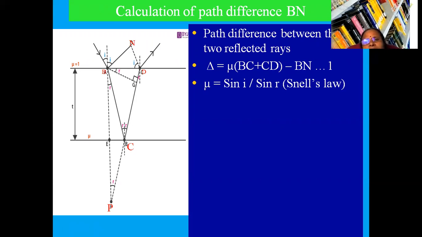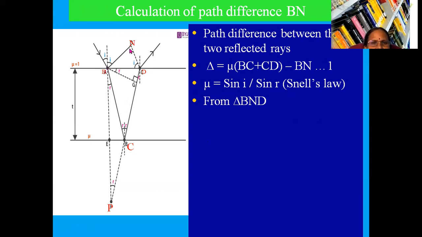Now, by Snell's law, we know that mu is equal to sin I upon sin R, the sine of the angle of incidence divided by the sine of the angle of refraction, which is equal to the refractive index of the medium. Now consider the triangle BND, this one. From this triangle, we can calculate the value of sin I. Sin I is equal to front side upon hypotenuse.